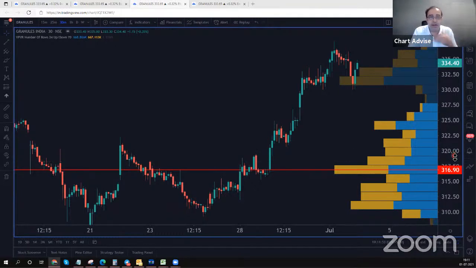Now let me take you into another popular tool which is also based on volume, which everyone knows by the popular name VWAP. VWAP is nothing but volume weighted average price.